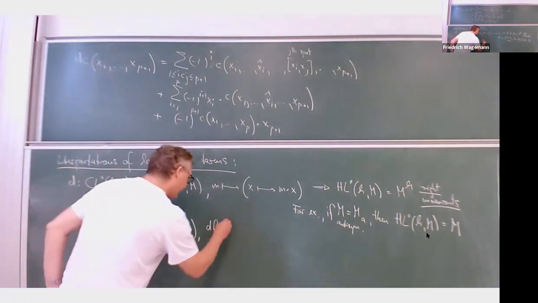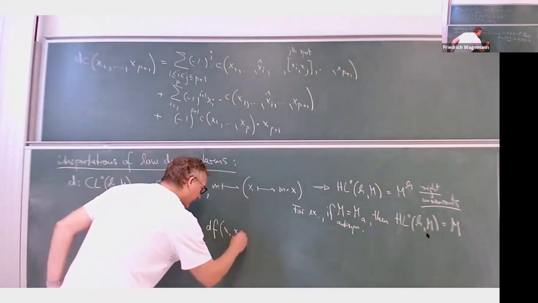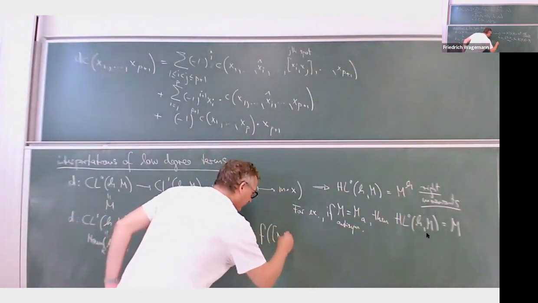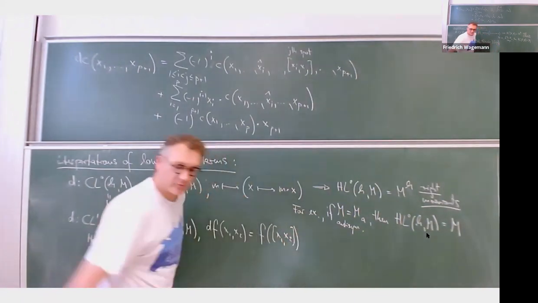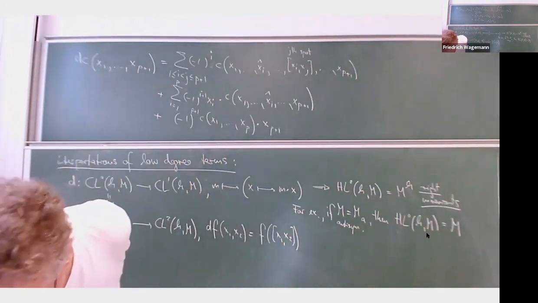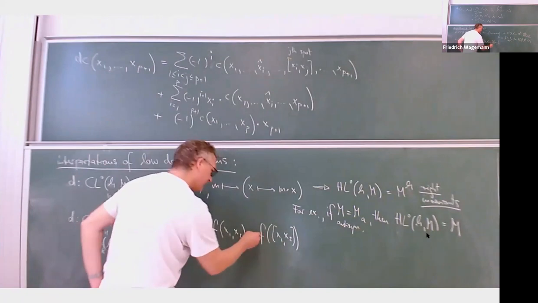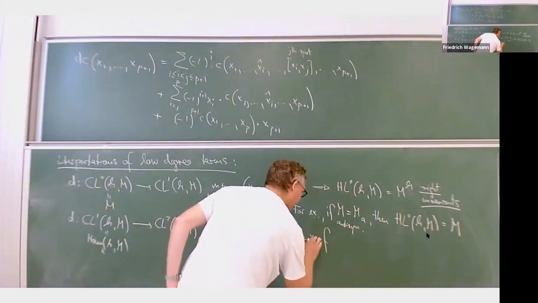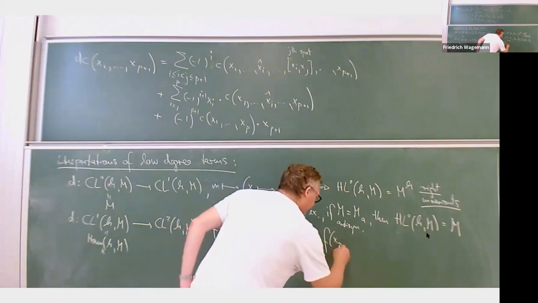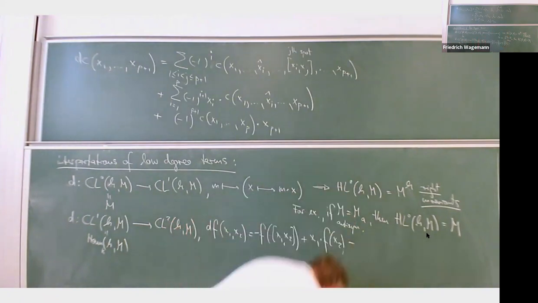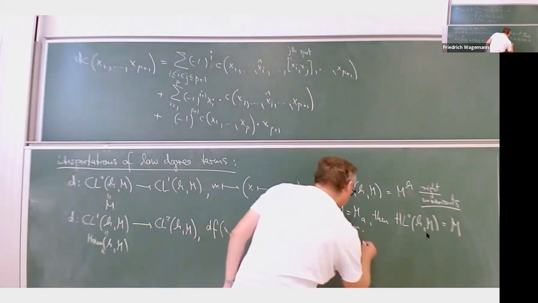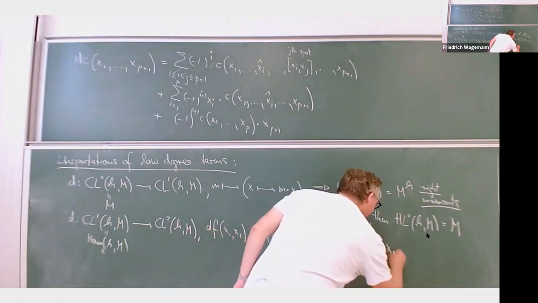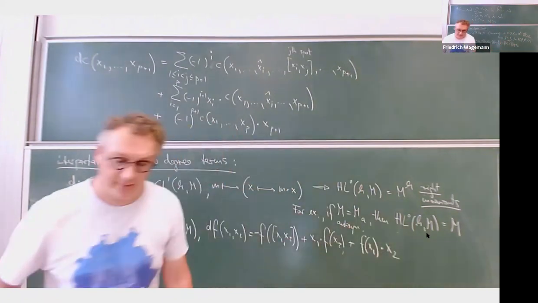And df of x1, x2 is now f of x1, x2, maybe with the minus sign, plus x1 acting on f of x2 minus plus f of x1 and acted on from the right by x2.